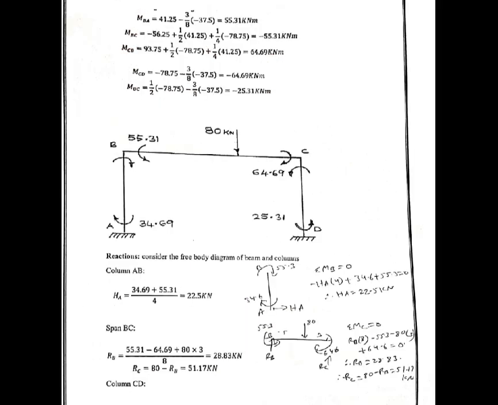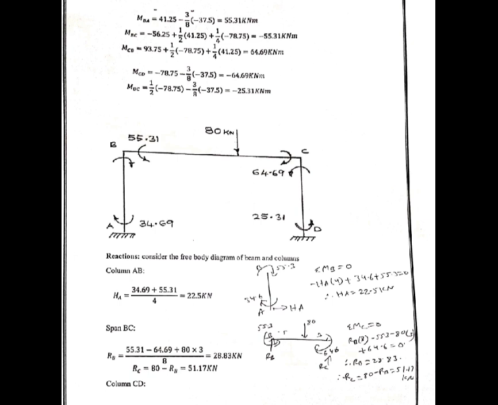Solving 10th and 11th equation, we will get theta B. Substituting theta B value in equation 10, we will get theta C, and then we can find delta. Then substituting in 1, 2, 6 equations, we can find the final end moments MAB, MBA, MBC, MCD, MDC, etc. So we can find all the moments. So you can see this figure here, the moments are shown here, clockwise and anti-clockwise moments.